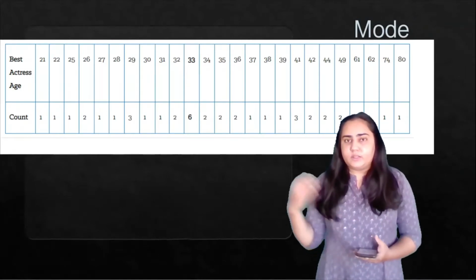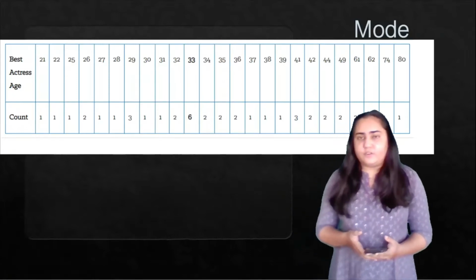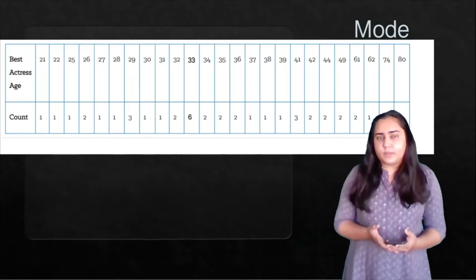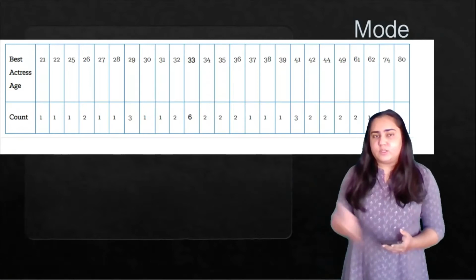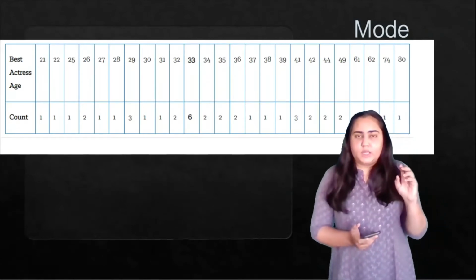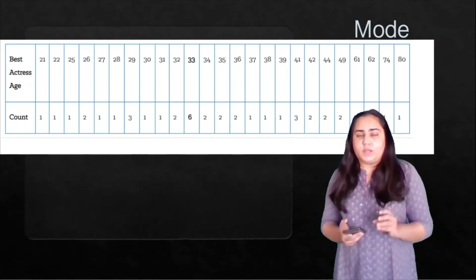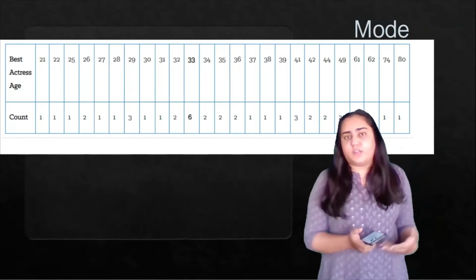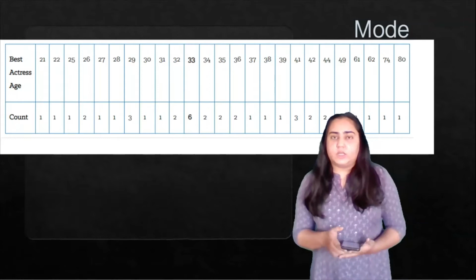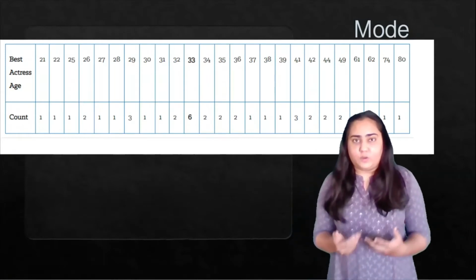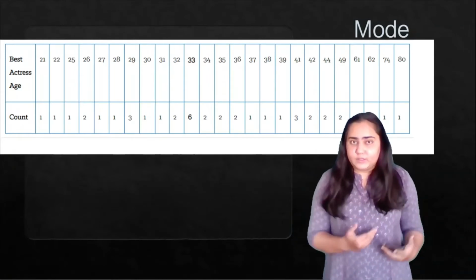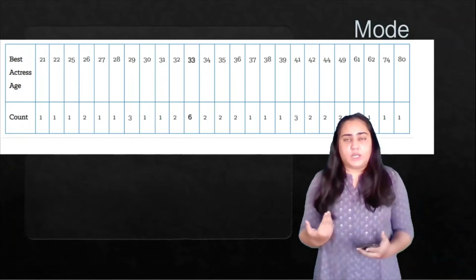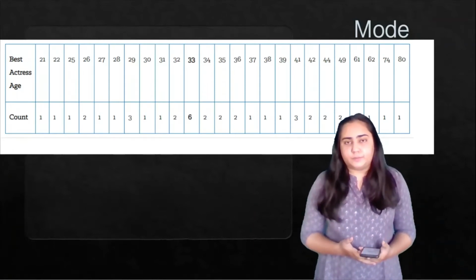And based on those ages, we have found out the frequency. So you can see different frequencies that for this particular age, how many actresses got an Oscar. So if an actress is 45, then how many actresses who were 45 years old got an Oscar between 1970 and 2013.